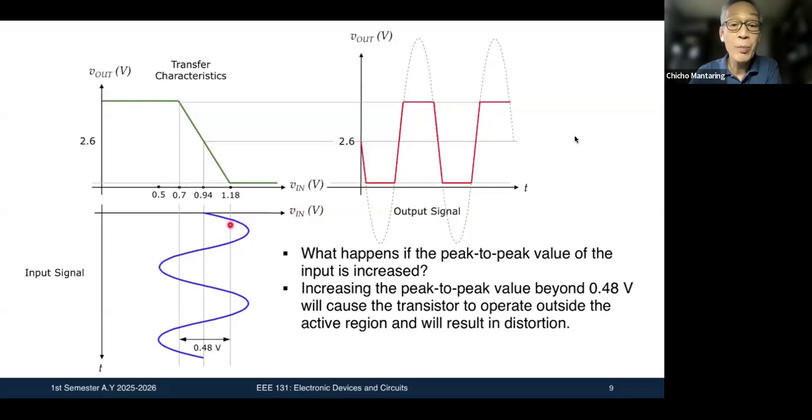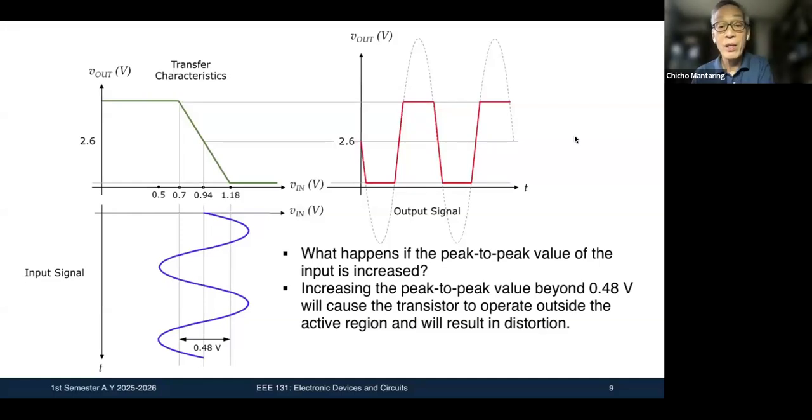So here, my output is clipped at VCE SAT, in this particular case 0.2 volts. And here, my output is clipped at VCC, which is 5 volts. So this is what happens.